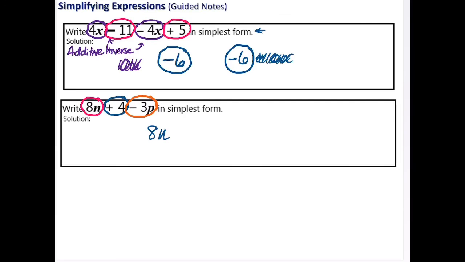You've got 8n plus 4 minus 3p. That's all you can do with it. I know we didn't do anything with it really, but that's how it sometimes goes. Just like when you have a fraction, like 16 over 25, and it seems like it should reduce, but it doesn't. 16 over 25 is in simplest form. Sometimes fractions turn out that way, just like expressions will.